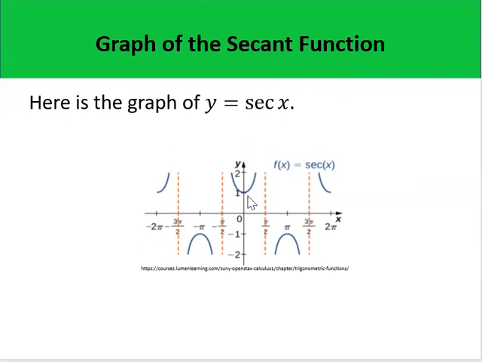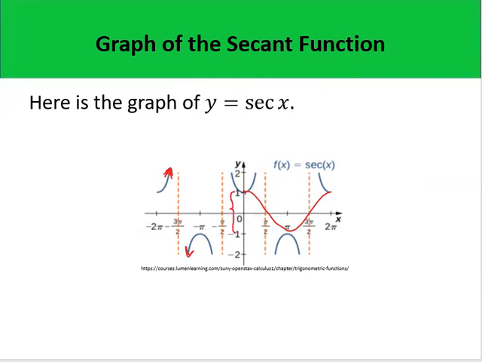If this is the graph of the cosine function, then the graph of the secant function will be reflected along y equals 1 and y equals -1. Okay, so it's extending above, extending below, but it doesn't have any y value between -1 and 1.